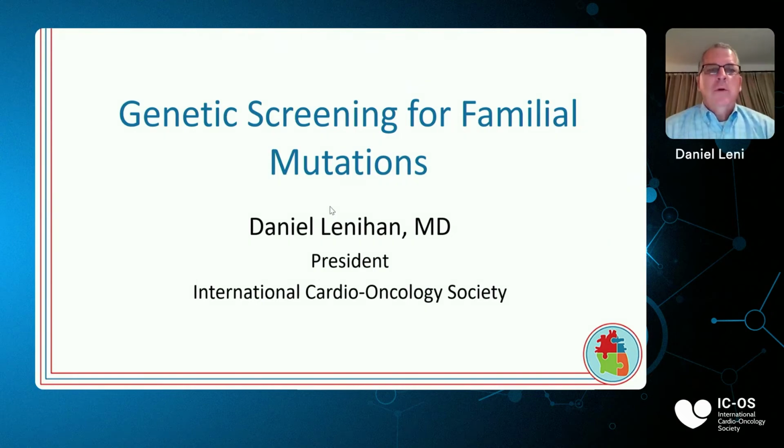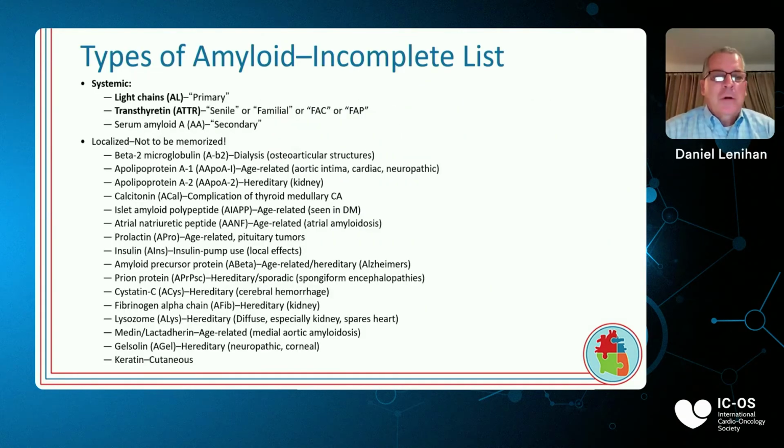So, actually Dr. Zor had this in her slides, so I don't need to cover it much, but when we think about amyloidosis, there's really a very long list. And for the purposes of this webinar and also these lectures, pretty much we're talking about AL or ATTR, and that makes up 95% or more of all of the causes for amyloidosis.